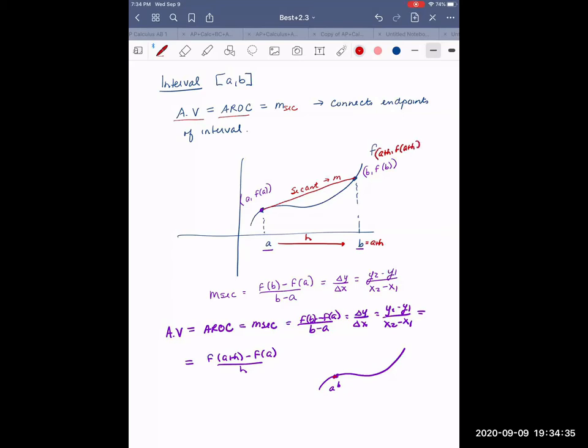So I'm using the same formula for slope. It's just f of A plus h minus f of A over A plus h minus A, which gives you just an h on the bottom. So this too is just delta y over delta x. There is no difference except for notation. They all mean the slope of a line between the 2 points.